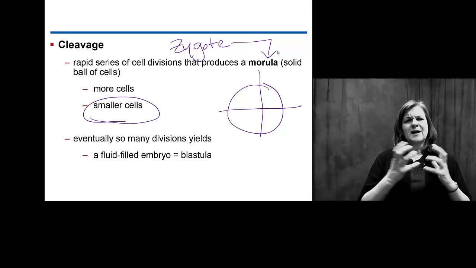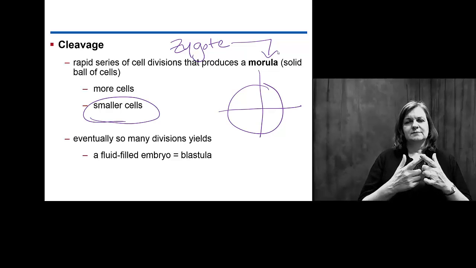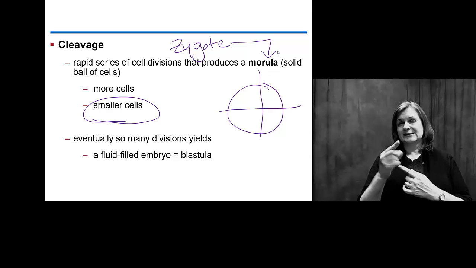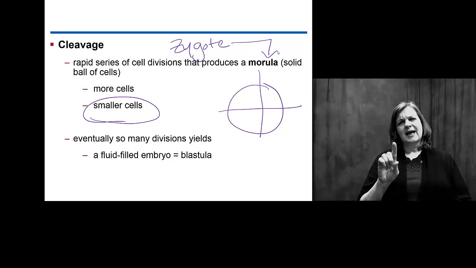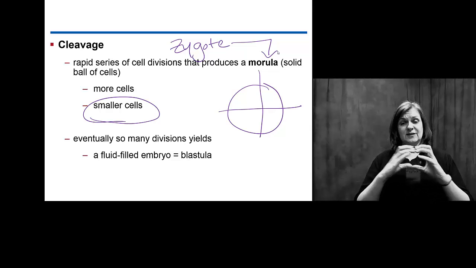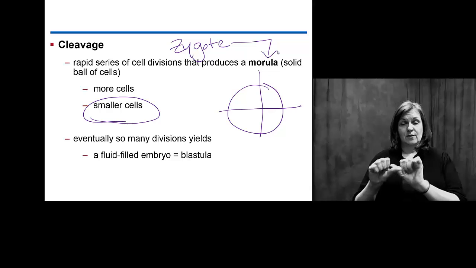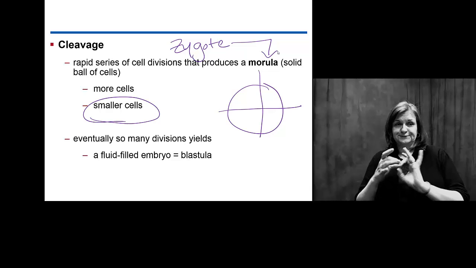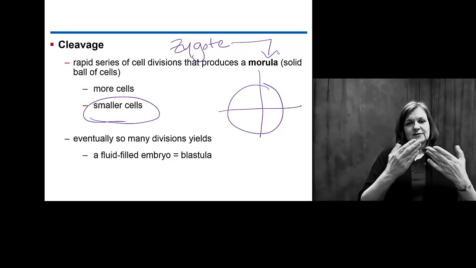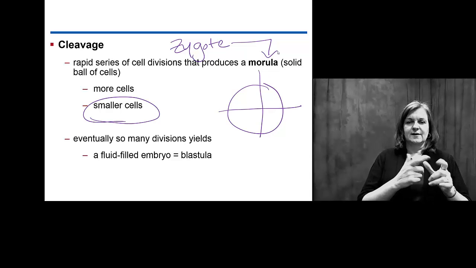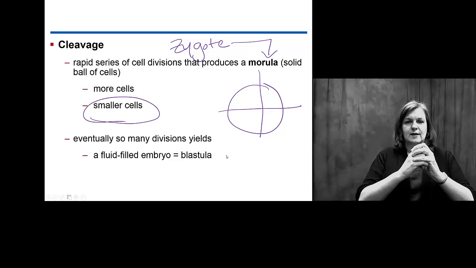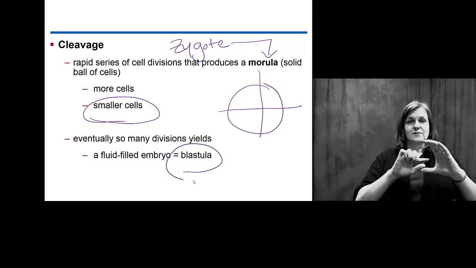We're going to have so many cells that that property that we know as cell adhesion will no longer come into play. Cell adhesion means cells want to stick together. They want to be close to one another. But when you divide these cells so rapidly, they eventually are going to pull apart and form what we call a blastula.